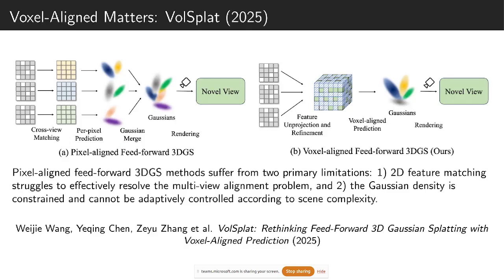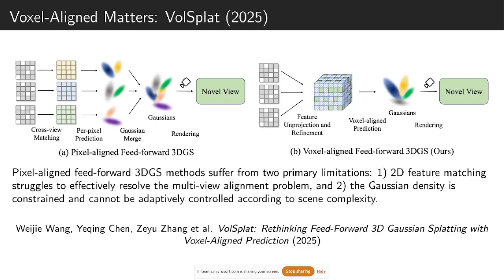We can get novel views of these scenes, but the main problem occurs during these Gaussian merges. The per-pixel prediction is not always accurate, so there are always going to be some errors within those predictions. And when you do merging, there will be different layers that are not perfectly aligned, and the result is that the rendered Gaussians have different layers. They should be aligned, but they're not.